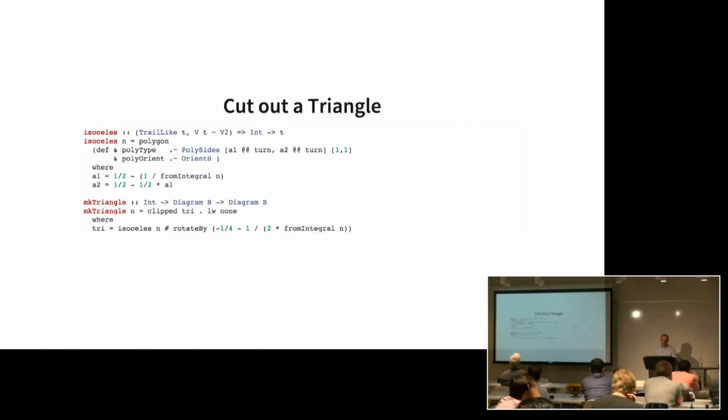So in this case, by writing the type signature as this more general one, or leaving out the type signature completely, I'm going to get what I want from my isosceles triangle, which is a clipping path. I don't want a diagram, I want a clipping path, and that's of type path.